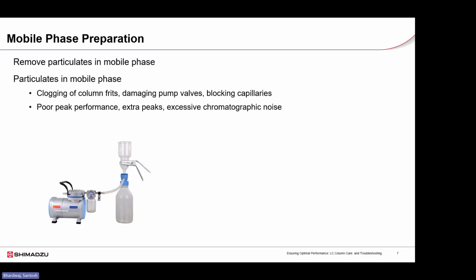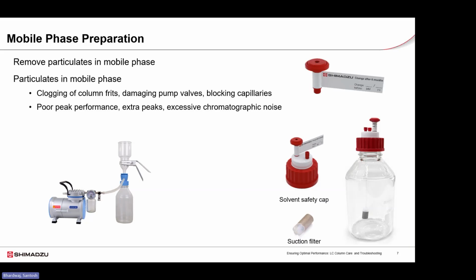To avoid these problems, always filter the mobile phase using 0.45 micron or finer filters and degas it properly to remove air bubbles. Additionally, using safety caps and suction filters helps keep the solvent clean, ensuring consistent and reproducible results.